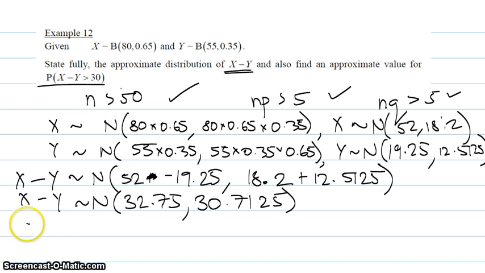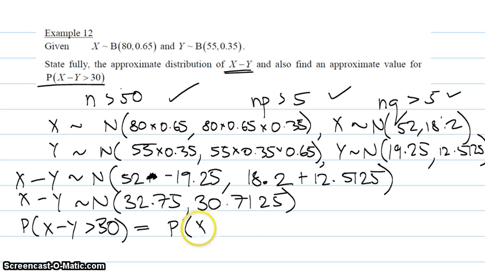So we need to do a continuity correction here. The probability that X minus Y is bigger than 30 is equal to, with continuity correction, the probability that X minus Y is bigger than or equal to 30.5. It can't equal 30 here in the discrete case, right?